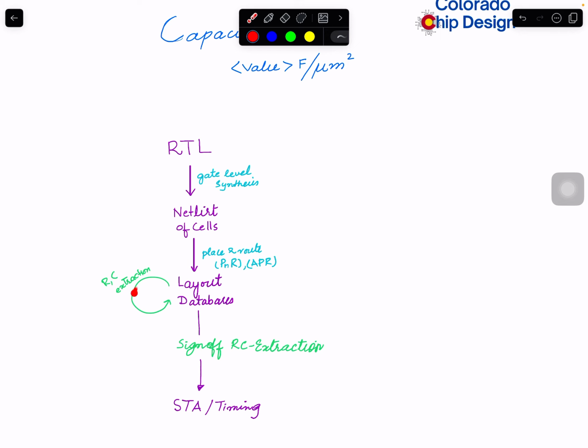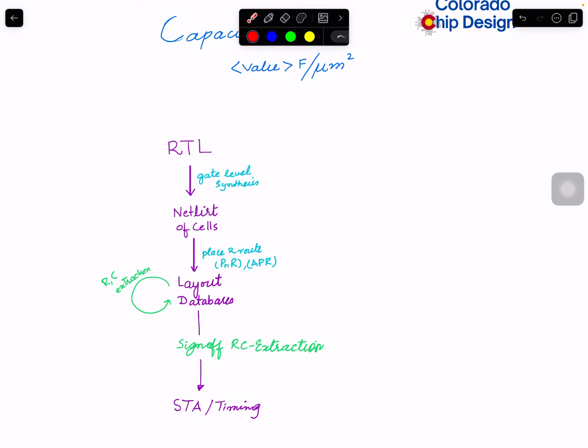That is a sort of RC extraction. So this whole process of calculating resistance and capacitance for each node between all the different metals is called RC extraction. It happens within the layout tools. That may not be very accurate, but you try to converge here.